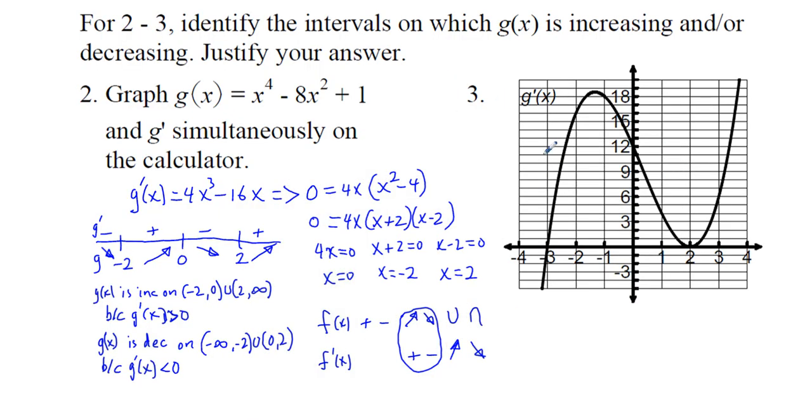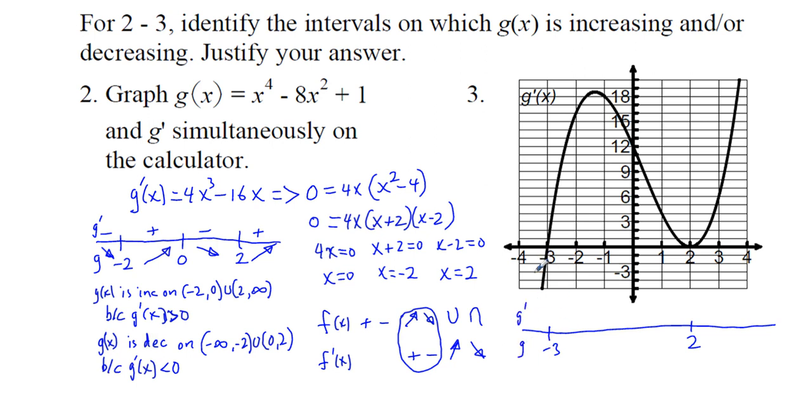Okay, then 3. It says justify increasing, decreasing. So I'm going to write below here. I'm not going to have a lot of room, but our critical numbers, we see where g prime of x is 0. So I'm going to put -3 here, and then also 2. I'm going to put g prime up above and g below.